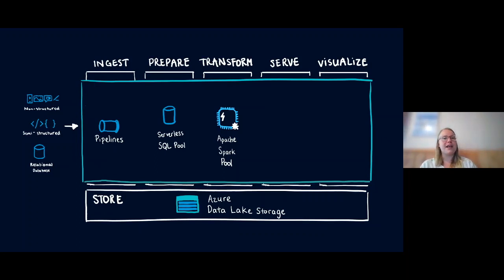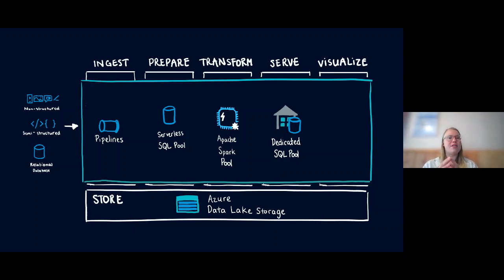Then on the serving layer here, we're going to use the dedicated SQL pools. You could have other options here as well, but in this scenario, we're going for more traditional star schema style modeling in this phase for our visualization and reporting purposes, because it's going to be heavy usage. We need a lot of compute power, so that is what we're going to go for.